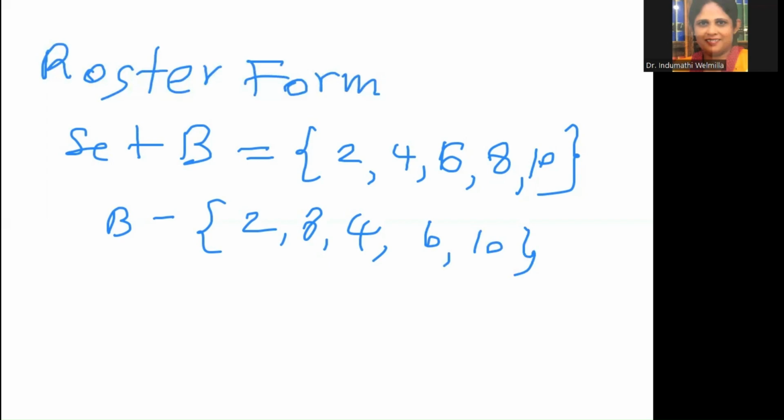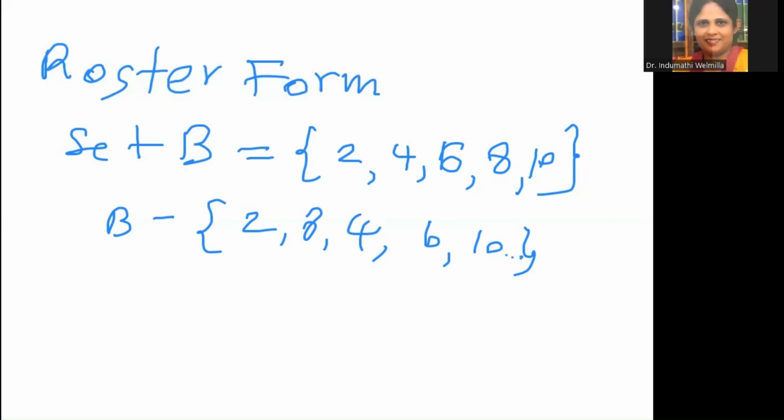Also, if there is an endless list of elements in a set, then they are defined using a series of dots after the last element. We can put the dots.